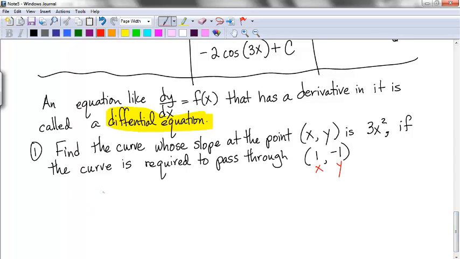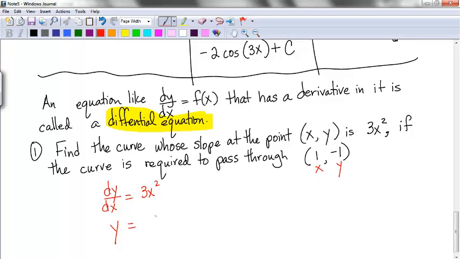So here's how you start this one. These are called initial value problems too. The derivative of y with respect to x is 3x squared. Now you take the antiderivative. The antiderivative of the left side is just y.